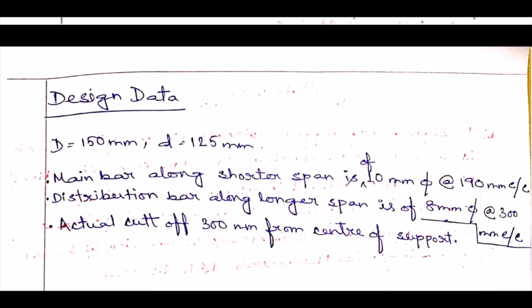So capital D, that is overall depth, is 150 mm, small d effective depth is 125 mm, main bar along the shorter span is 10 mm at the rate of 190 mm center to center, distribution steel bar along the longer span is 8 mm dia at the rate of 300 mm center to center, and actual cutoff is 300 mm from the center of support.